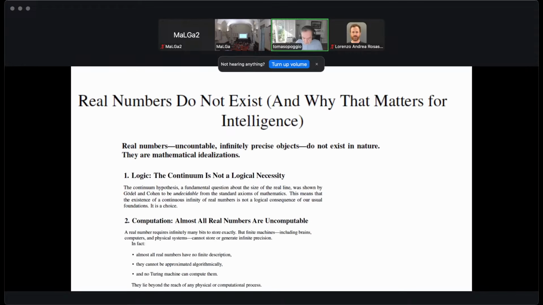Now, this is more of a fun topic that I want to mention, which is that maybe one has to conclude that real numbers do not really exist. And the reason is that if real numbers exist in nature, in physics, then a number of physical phenomena could not be mapped into Turing computable functions.